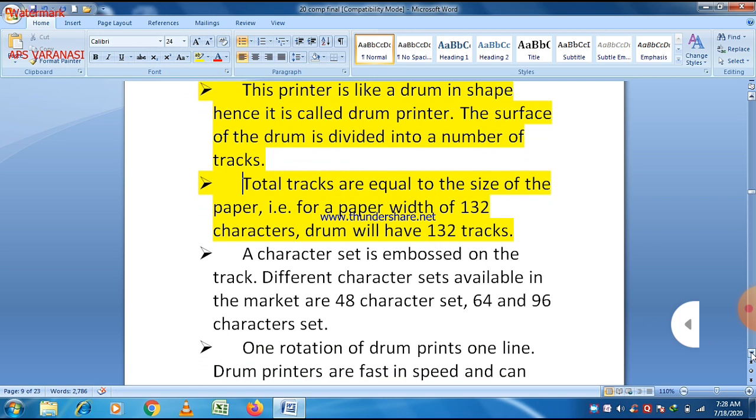Different character sets available in the market are 48, 64 and 96 character sets. So different character sets are there for the drum printer.